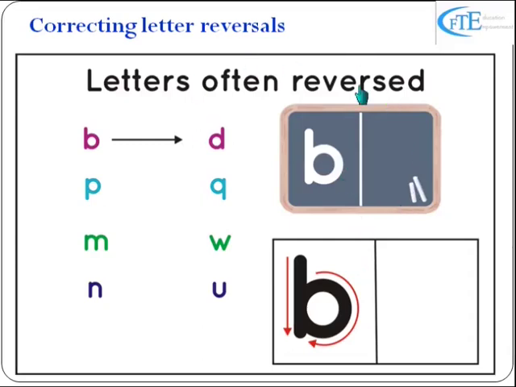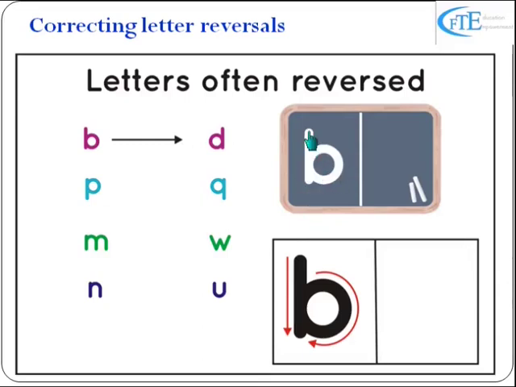Take a slate, divide it into 2, write B on one side, get your child to use a chalk and continue tracing on this letter in the correct direction while saying the name and the sound.